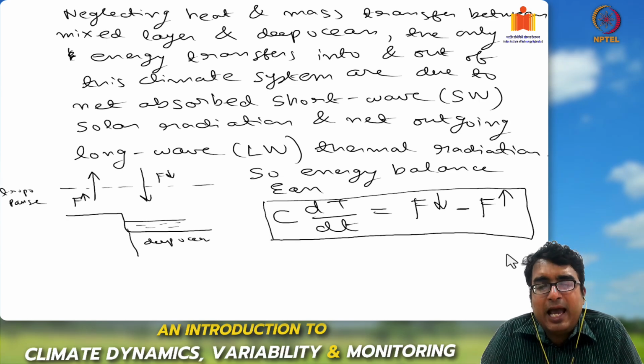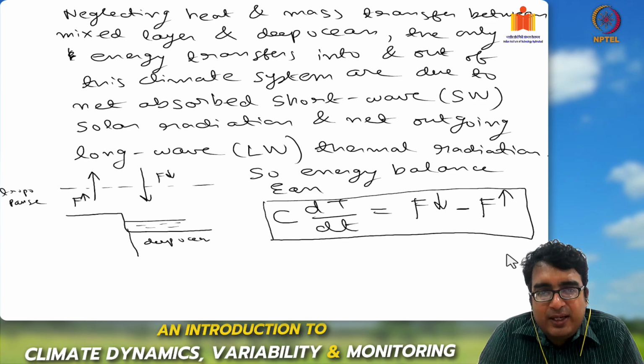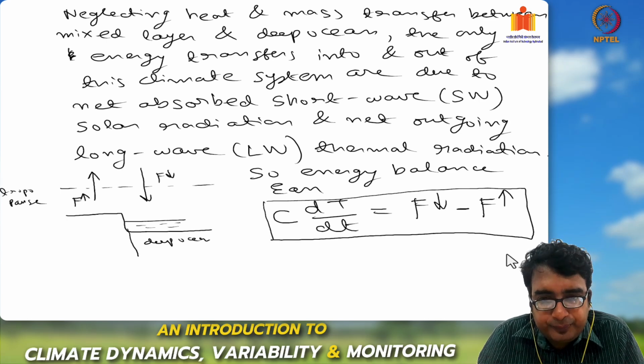We assumed the climate system to be made up of the troposphere, the surface of the earth and the top 100 meters or the mixed layer of the ocean.